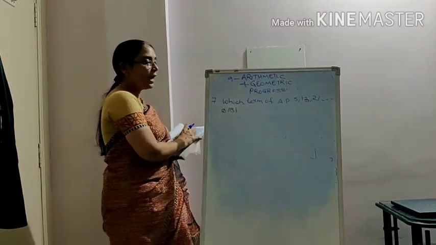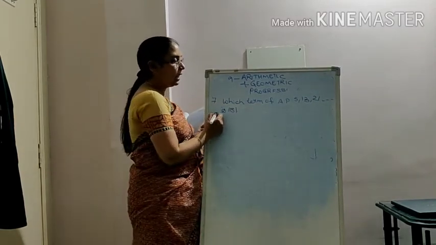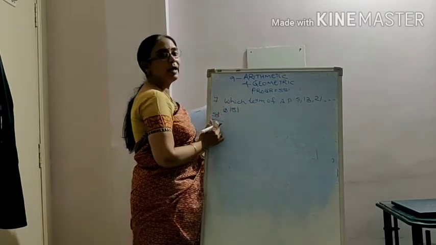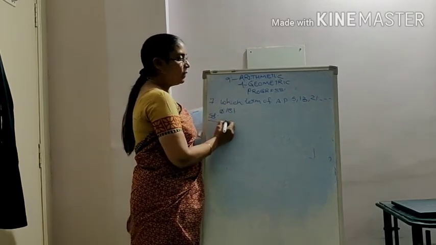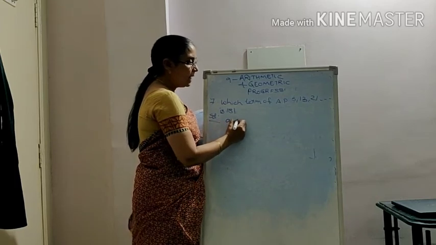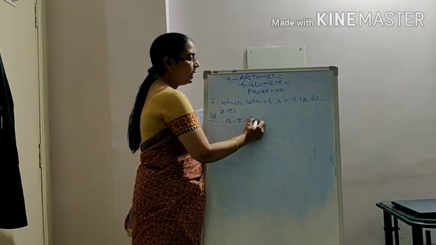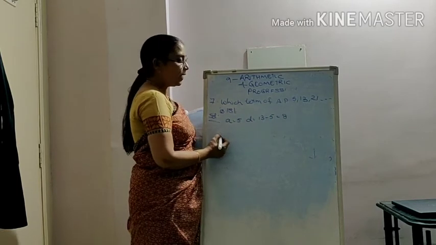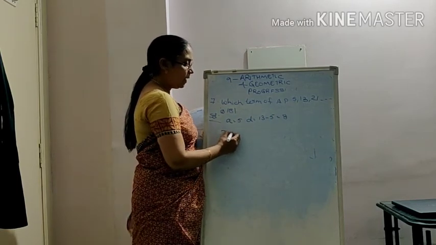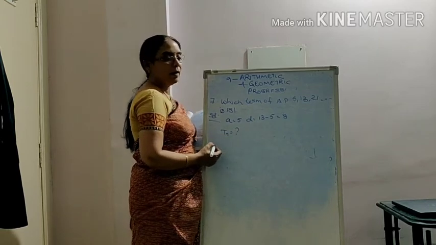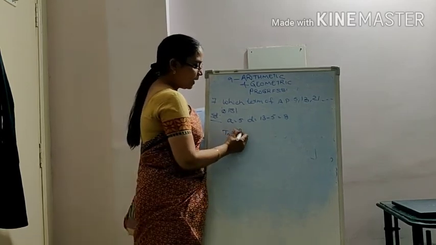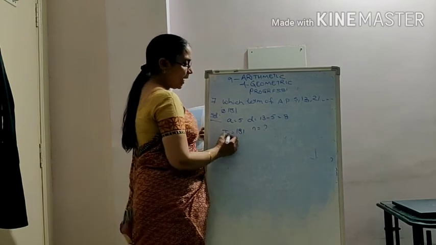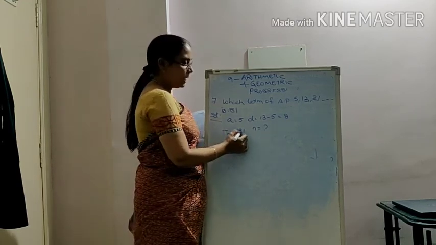We should know which term of the AP 5, 13, 21 and so on is 181. So let us write down the information. A is 5, D is 13 minus 5 which is 8. Tn is given as 181. We have to find out n.